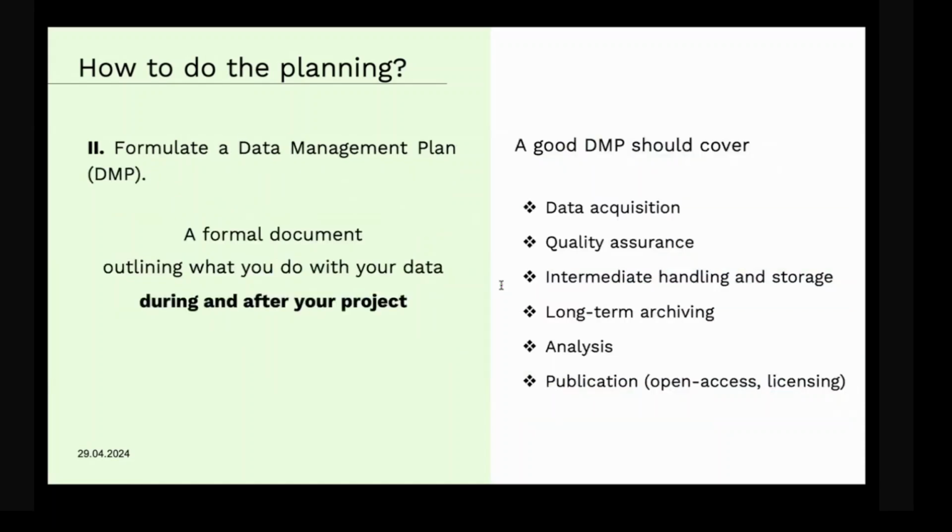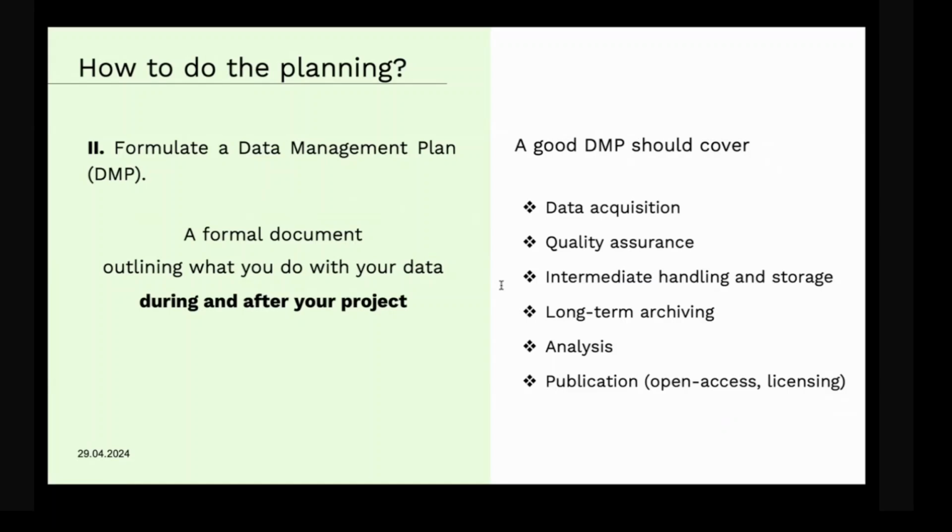So what is a data management plan? What should be in a data management plan? So optimally, a data management plan should be a formal document outlining what you do with your data during and after your project, right? A good DMP should include as much information as possible on the data acquisition.